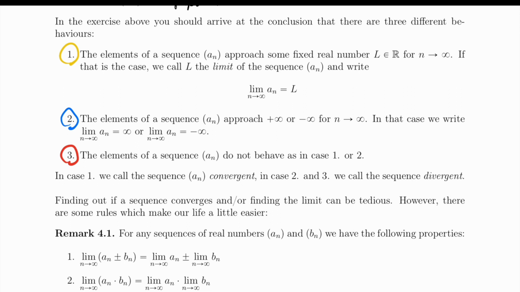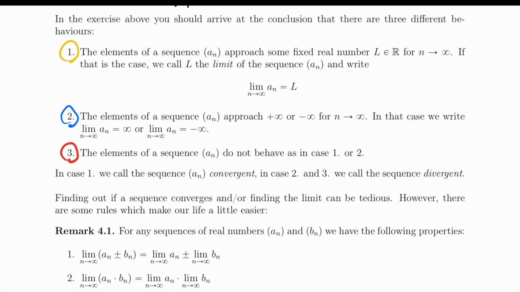The notions that you have to know here was that in case 1, this here is called convergent, because you approach a fixed number, and this here is called divergent.